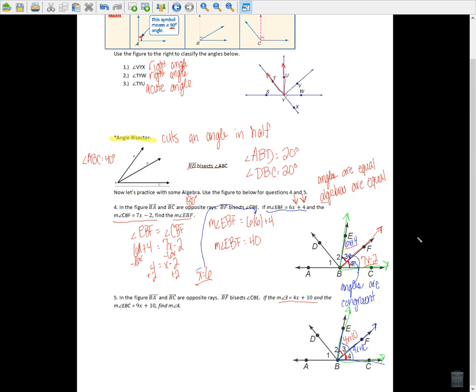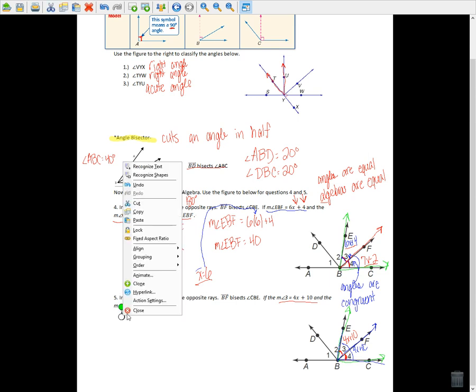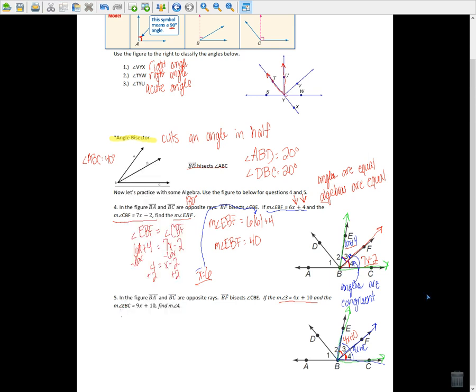Okay, so this is a little bit different, so we're not going to use the same exact process. I wanted to see if you guys would be able to figure this out. What we're going to do here is, we've got this whole angle EBC, and we have 2 angles that are equal to each other in this as well. I know that angle 3 and angle 4, if we added those together, would give us the full angle EBC, the whole thing.